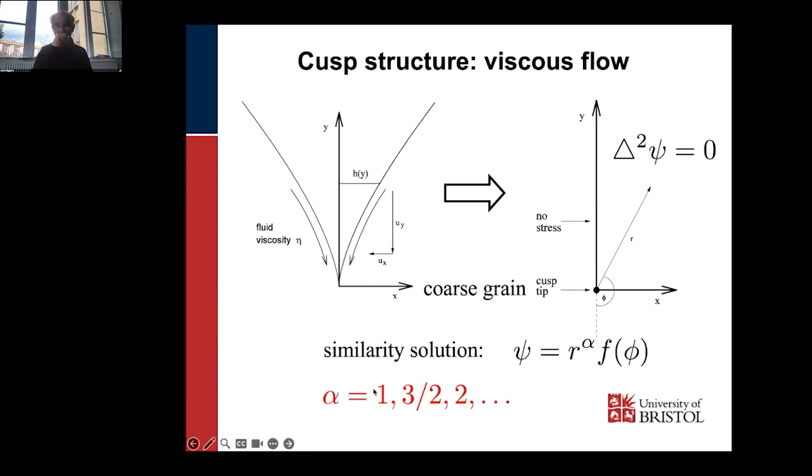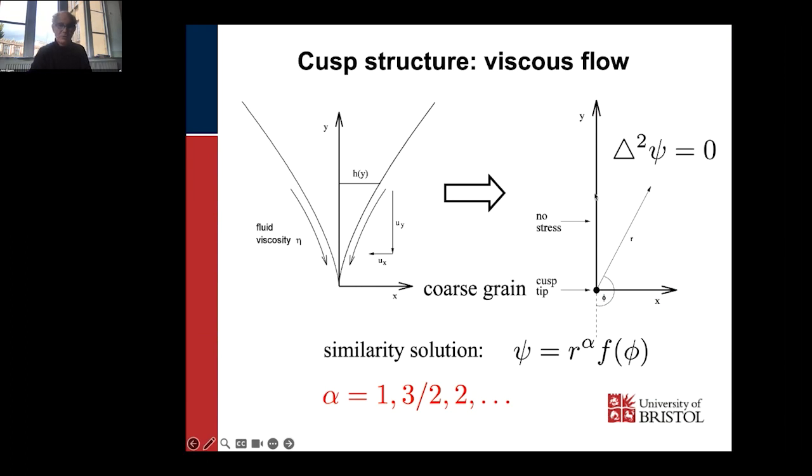And the trick is to use scale invariance. So this picture here on the right-hand side doesn't have a characteristic scale because the thickness of my gap here is arbitrarily thin.